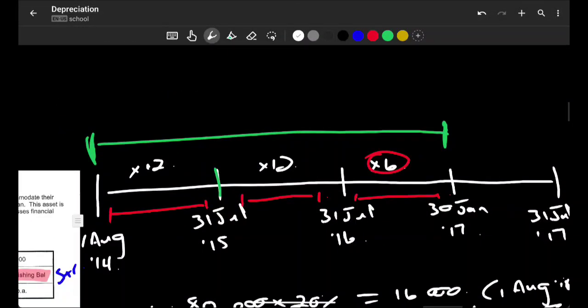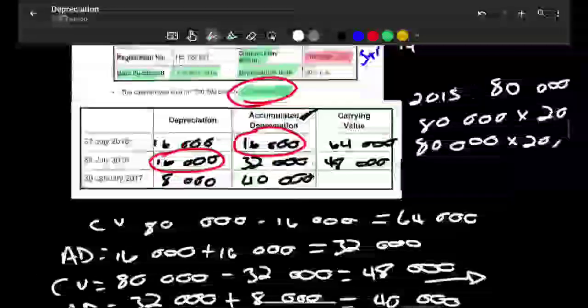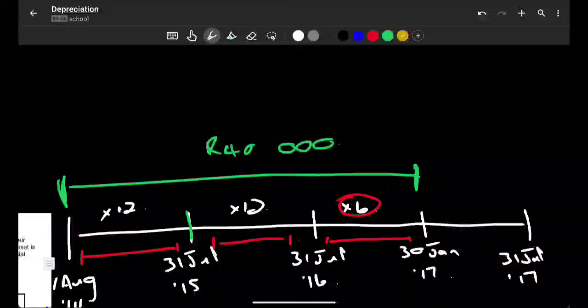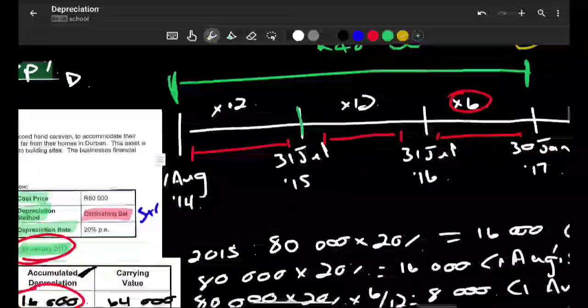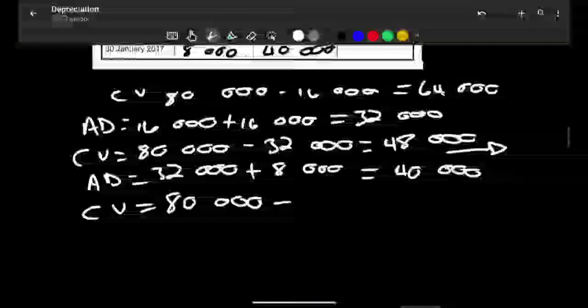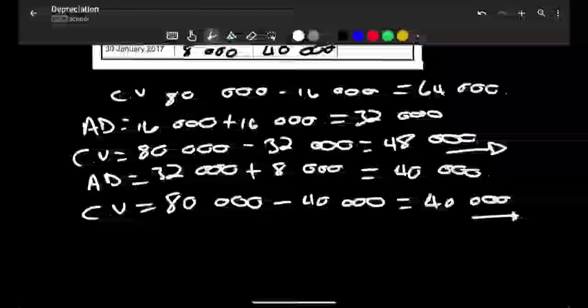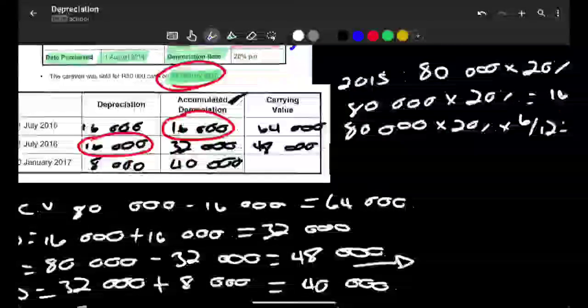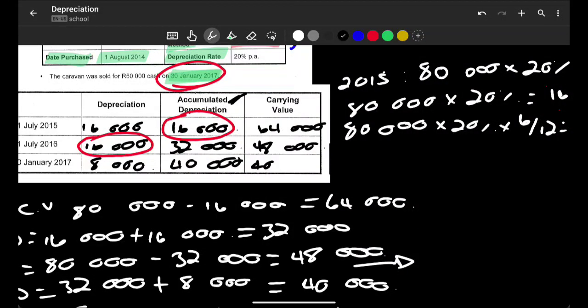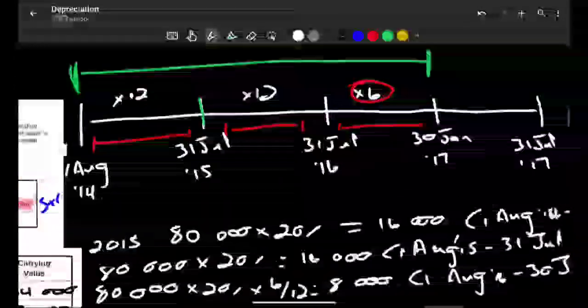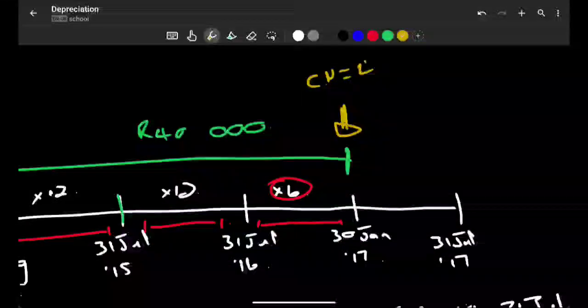So all of this depreciation here is worth 40,000 rand that took place in this period of time. And here at the end, our carrying value on this asset on the last day will be 80,000 minus 40,000, and that will give us 40,000. So this is the carrying value of this asset at the end of the 3 years, right? And then we have it there, 40,000 rand.